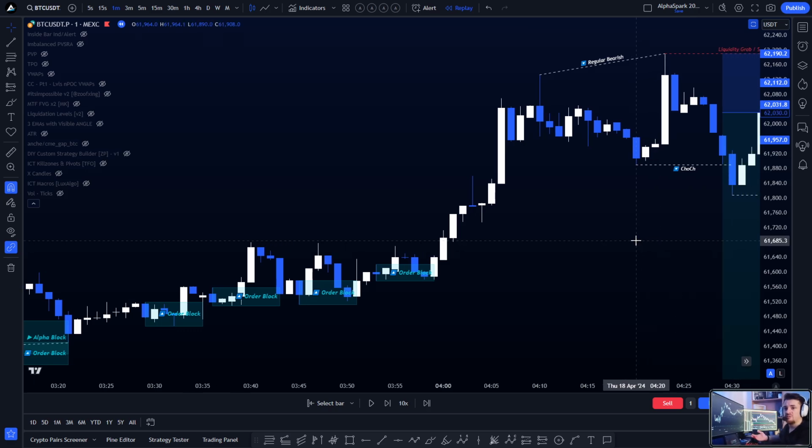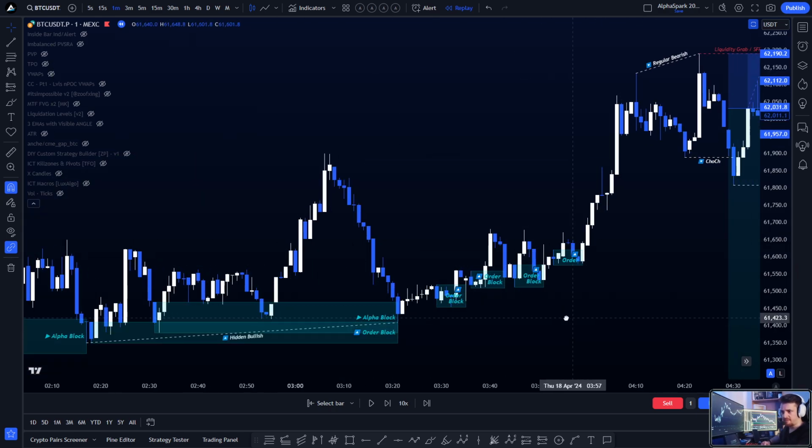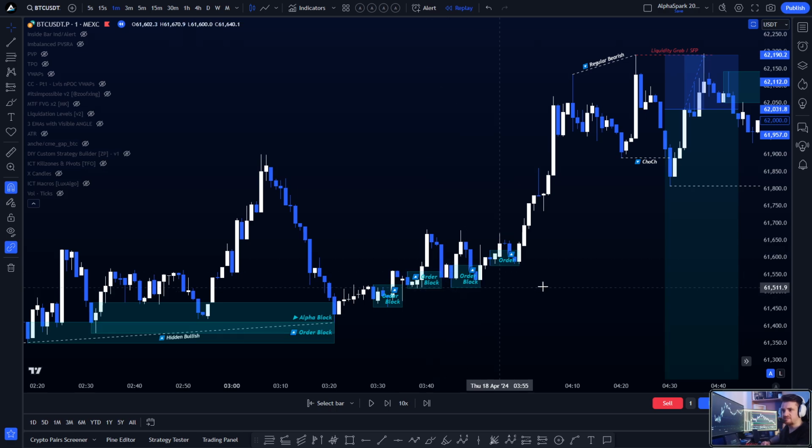And yes, I'm on the 1 minute, and this might seem a little bit sketchy to do trades on the 1 minute, but especially if you are on a crypto exchange or trading something with very low spreads, CFD with very low spreads, this is perfectly fine.